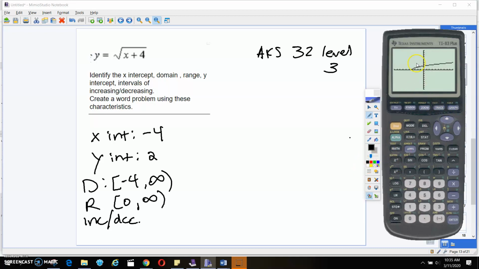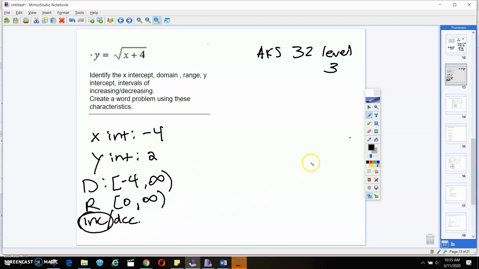If we look at the graph, yes, it is increasing. Now where is it increasing? Increasing values occur for your x values, so increasing is going to happen between negative 4 to positive infinity because it constantly increases.